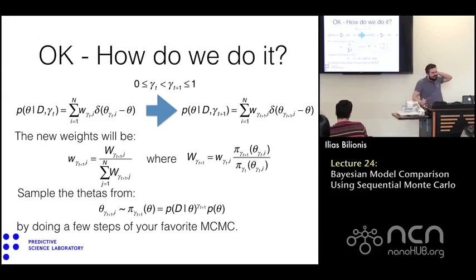Yes? We calculated the W gamma T plus 1, the prior will disappear. What disappears? Are you talking about this one? Yes, so this one is the old W. It does not include this inside it.